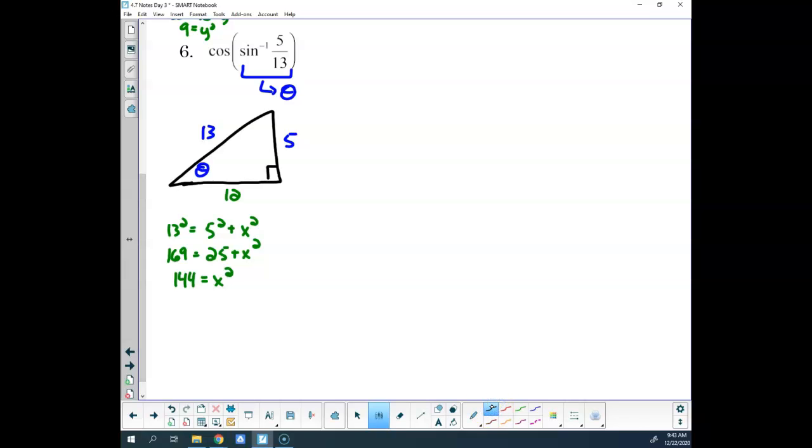So this is the cosine of theta. Theta I've got marked there. Cosine is adjacent over hypotenuse. So that means this is going to be 12 over 13. Questions on that?